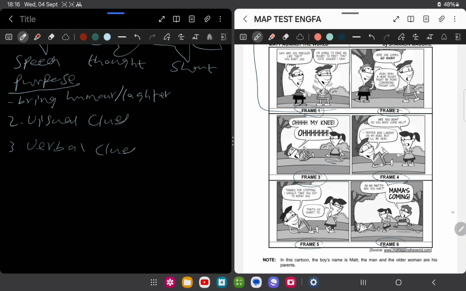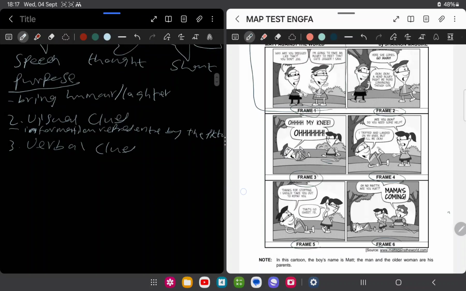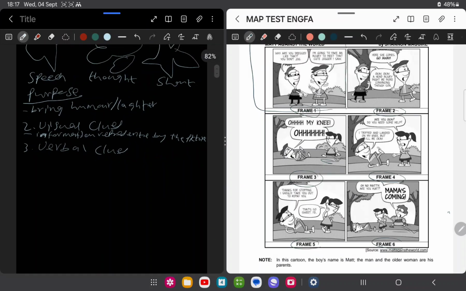Visual clues are the information represented by the pictures in a cartoon.